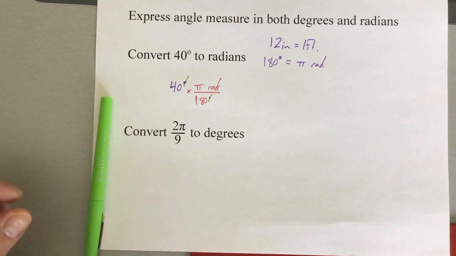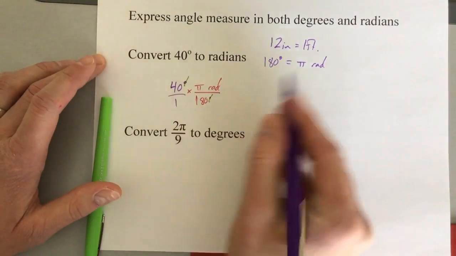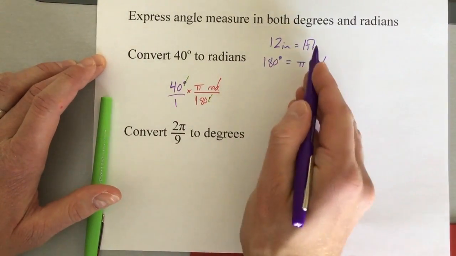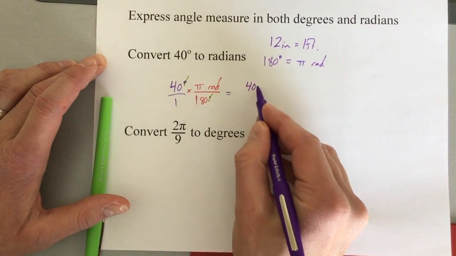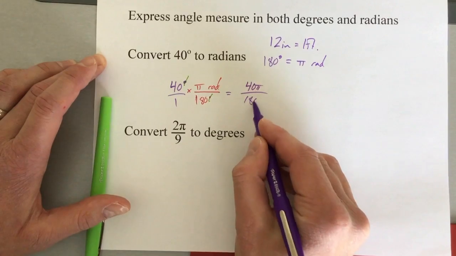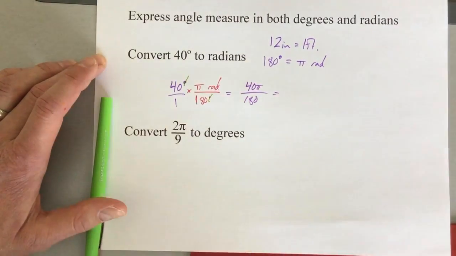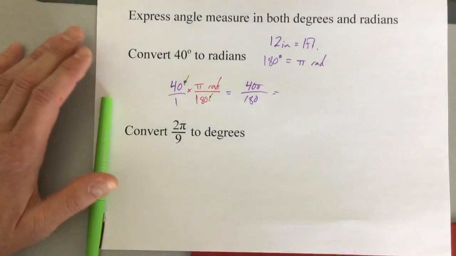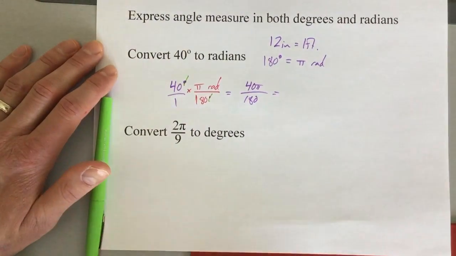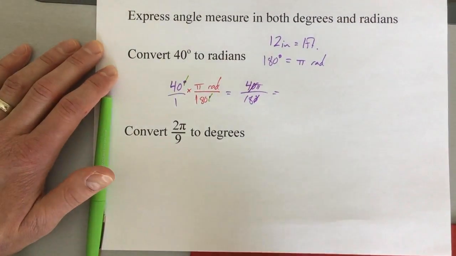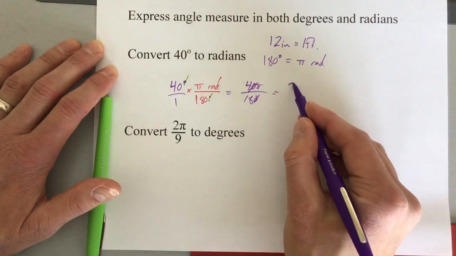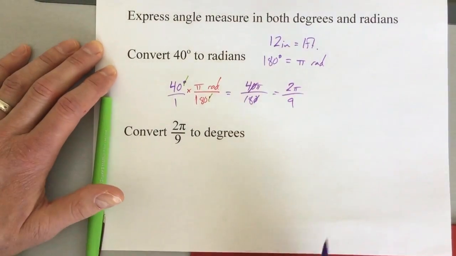Think of this as multiplying to change from feet to inches or inches to feet, but changing from degrees to radians. That would give us 40 pi over 180. We will leave our radian measurements in terms of pi, but reduce our fractions to lowest form, dividing both top and bottom by 10, and then ending up with 2 pi over 9.